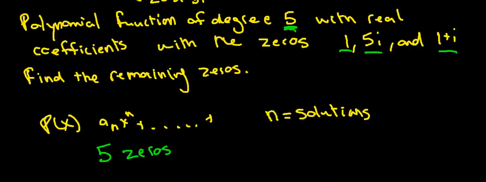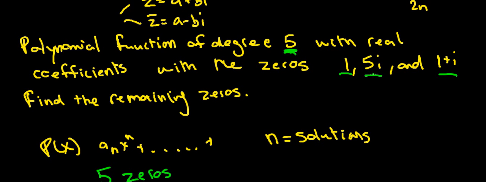So we can go down here and say, here we have a complex number, and here we also have a complex number. So this number must have a conjugate pair, and that would be minus 5i. And this one's conjugate would be 1 minus i.